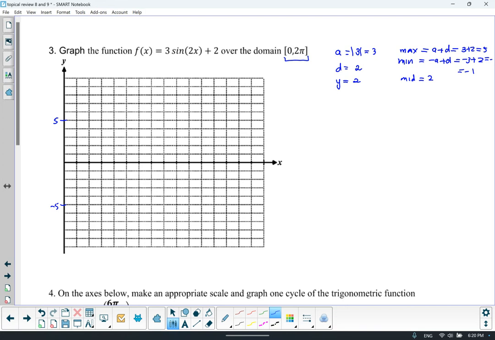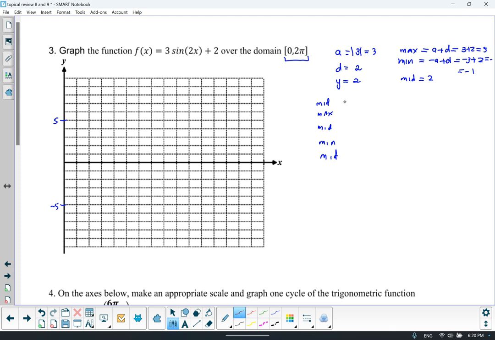Okay, so this is a sine curve. So the typical pattern is midline, maximum, midline, minimum, midline. If there was a negative in front, the max and the min would switch places because it's flipped over the x-axis.